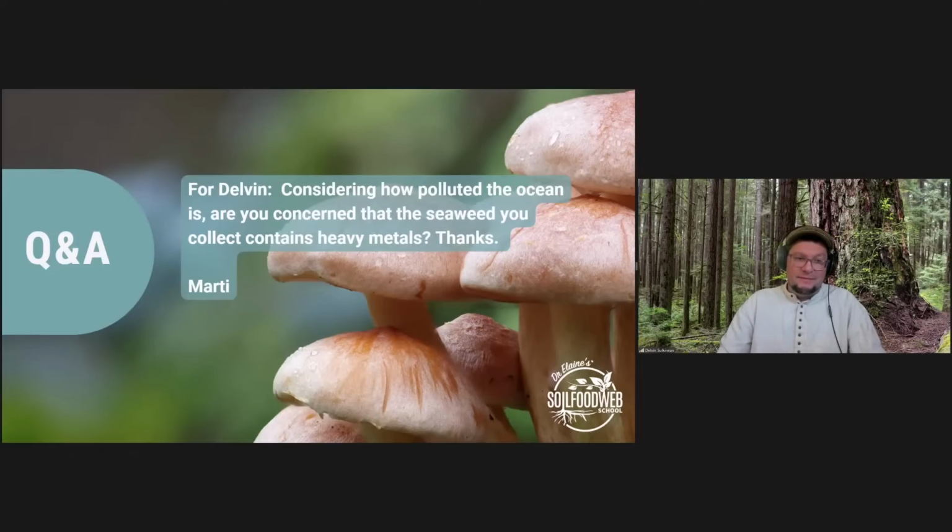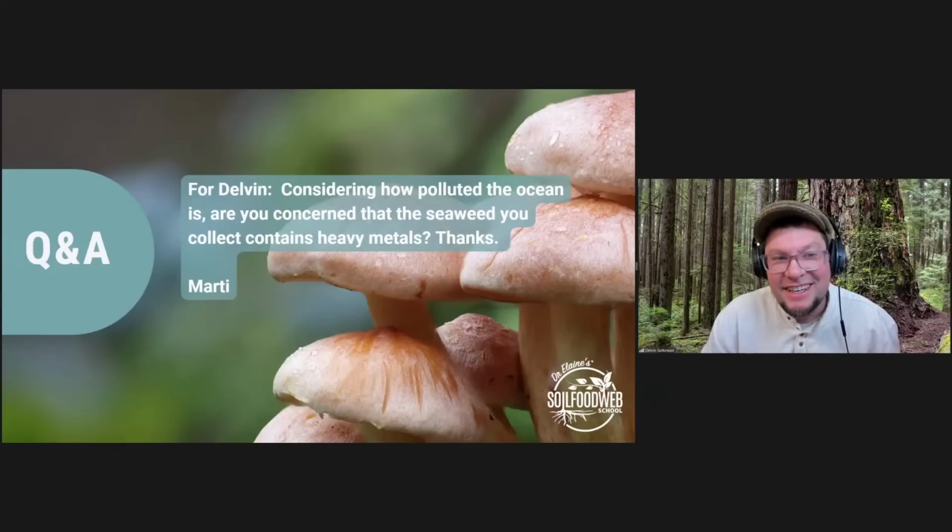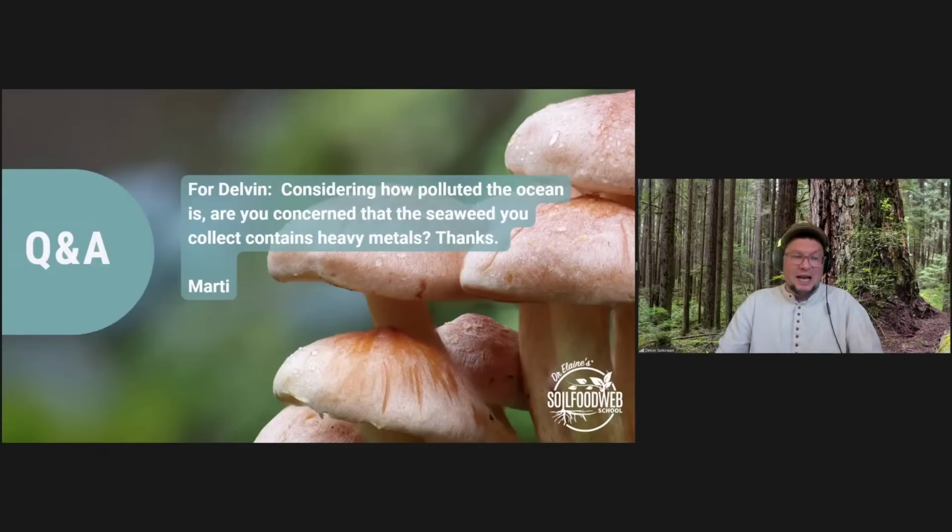But sure, yeah, I'm concerned that the world is polluted, and I'm still going to use the materials around me and compost them down and add organic matter and work with what I can to try and take care of that. But yeah, there is testing.